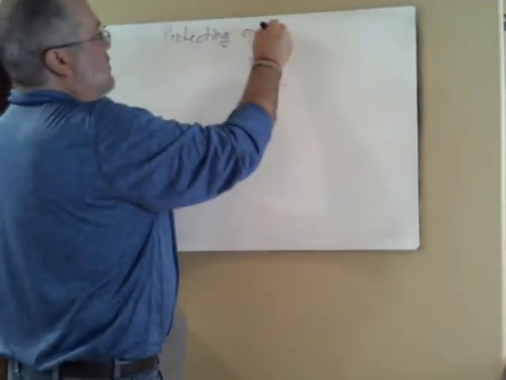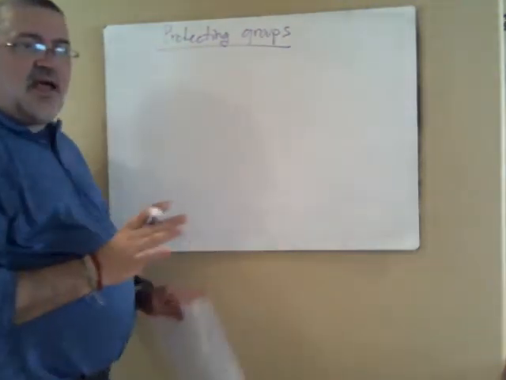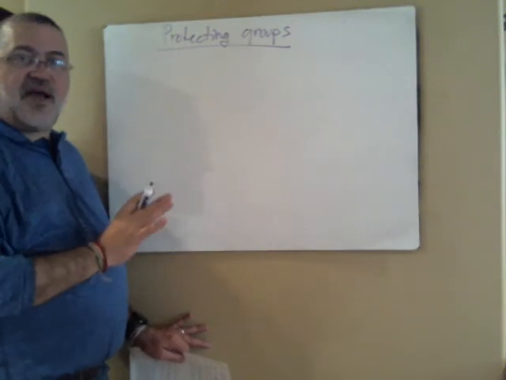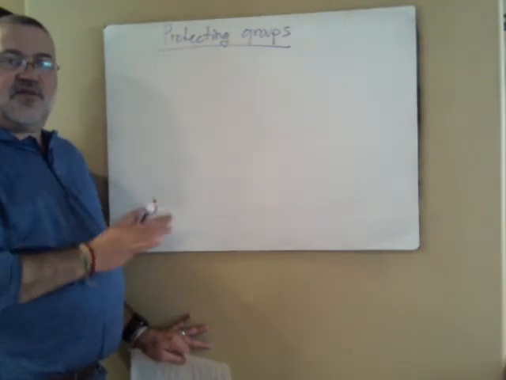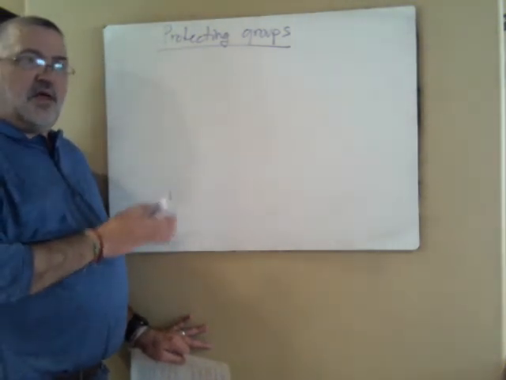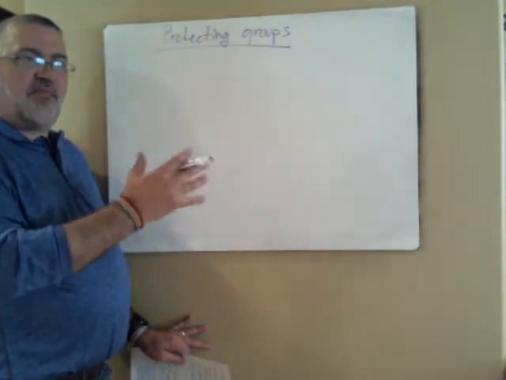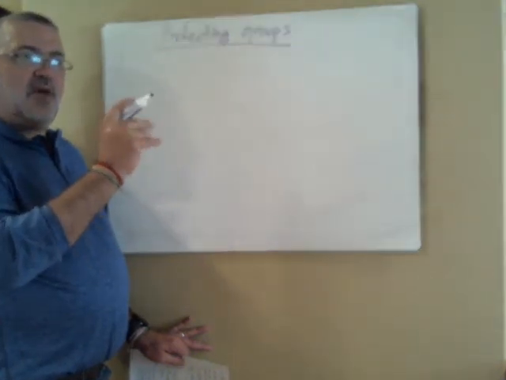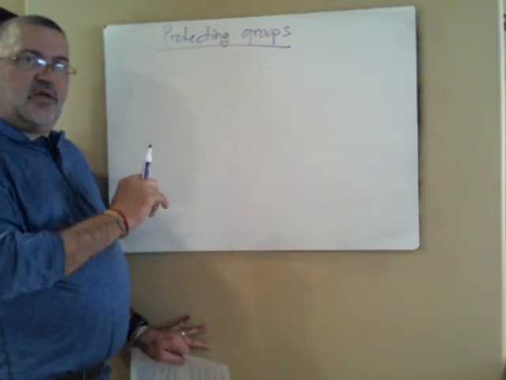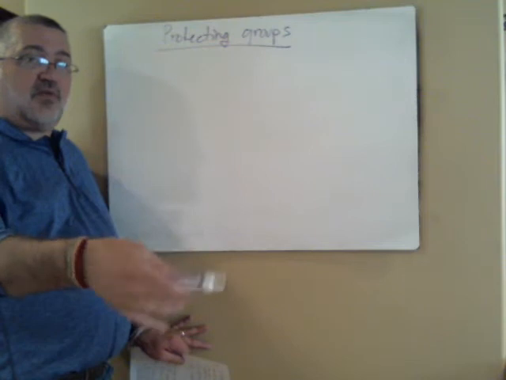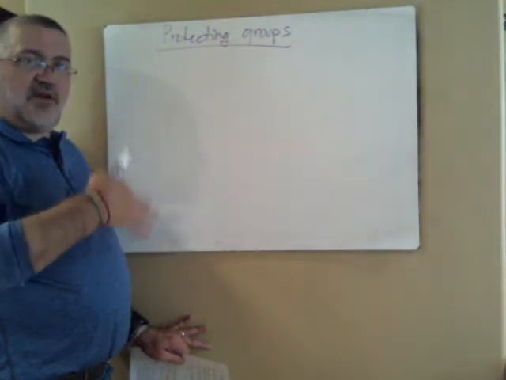And that is if you're doing a synthesis and you get to a point where you want to do a certain transformation, but you have an interfering group, there's a strategy where you can react something with that group and basically mask it so it's no longer reactive. You can carry out the chemistry you want, and then you just remove it.